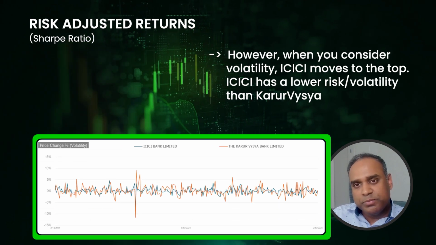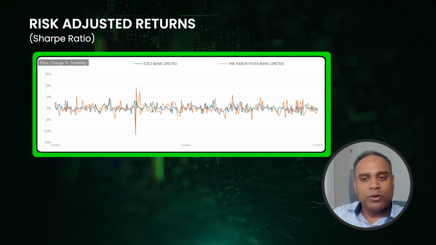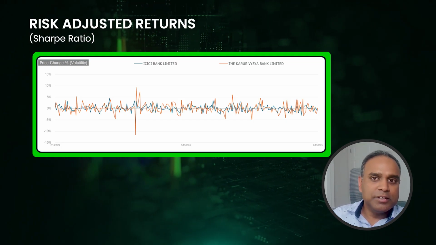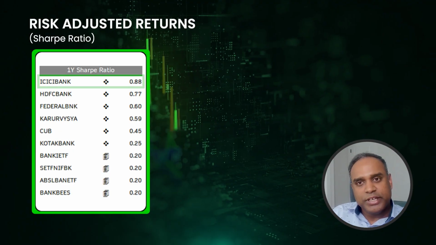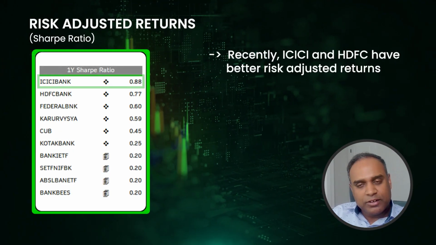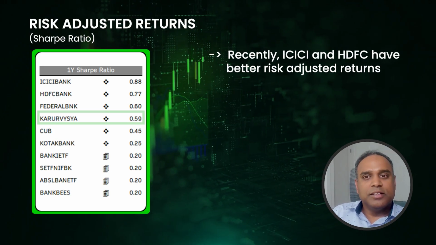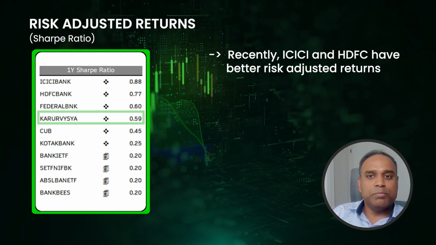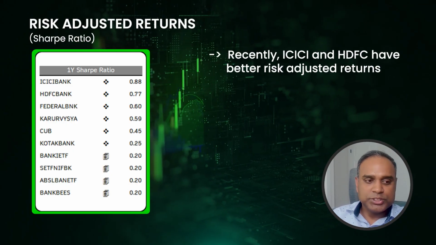Yes, Karur Vysya Bank gives me a little bit more, but is it worth the volatility or the fluctuation that I have to deal with? The answer based on the Sharpe ratio is no. The Sharpe ratio says ICICI Bank is a better option because for the risk or the fluctuation, the return is greater in ICICI compared to Karur Vysya Bank. So that is the usefulness of the Sharpe ratio.